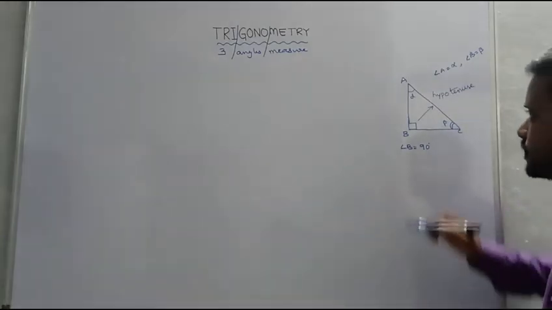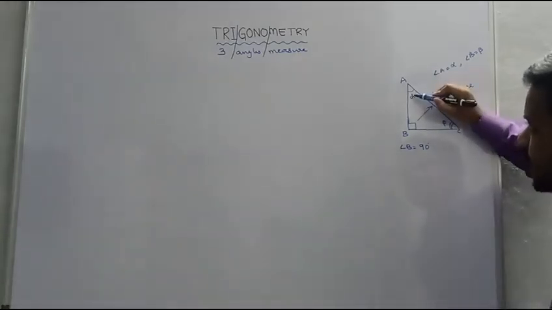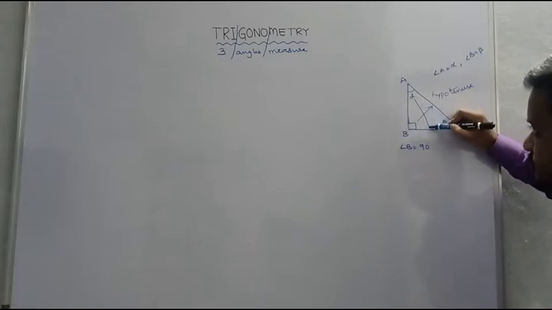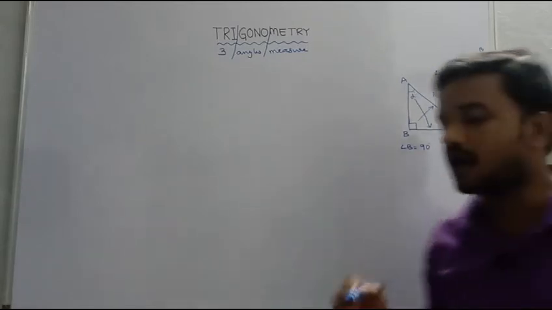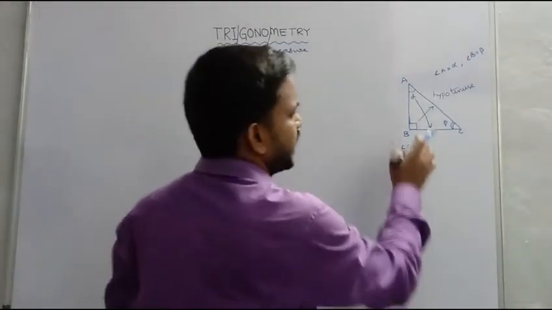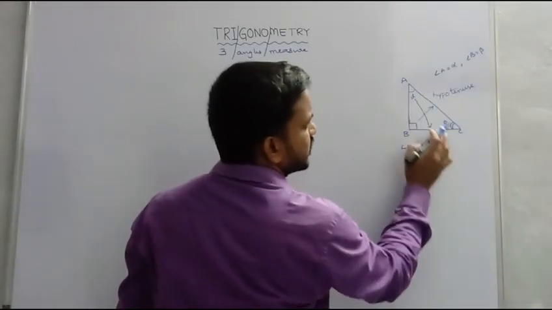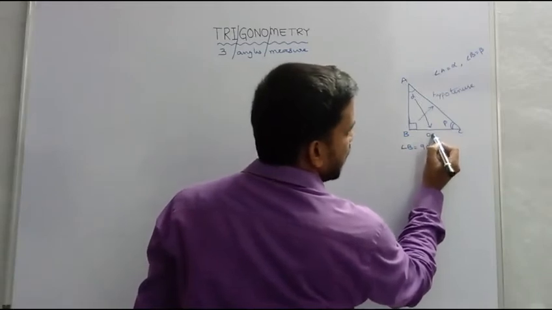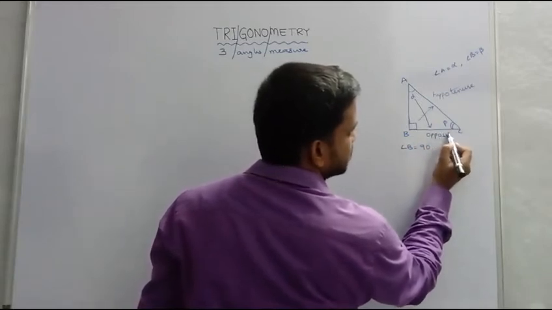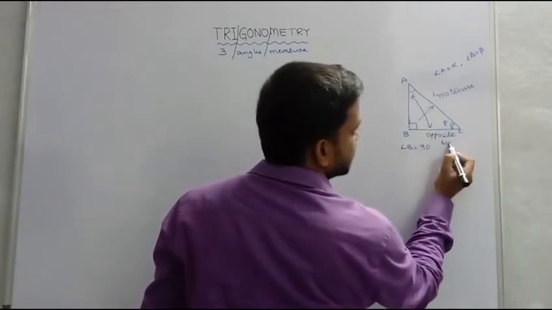Now with respect to this angle alpha, that is angle A, which side is opposite to angle A or alpha? The side opposite to alpha is BC, so this is called the opposite side.